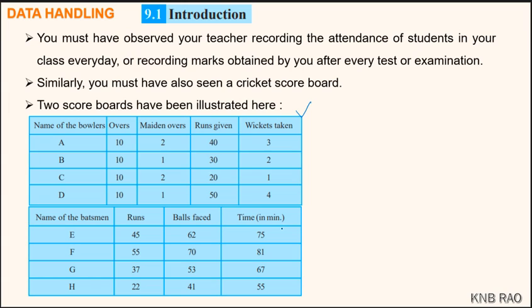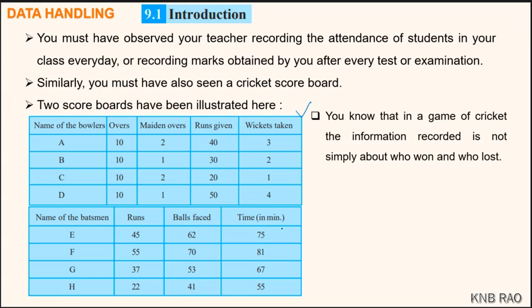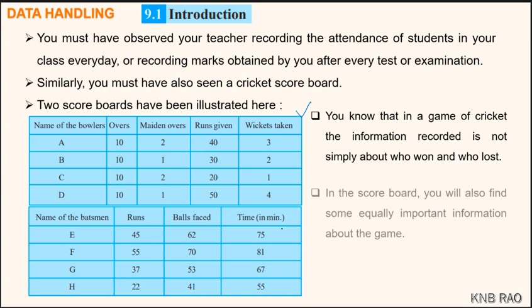Now children, when you watch these sort of tables, you know, in a game of cricket, the information recorded is not simply about who won and who lost. Indeed, in the scoreboard you will also find some equally important information about the game.